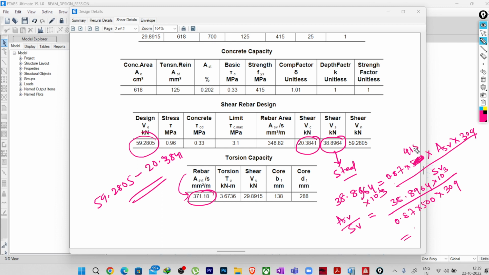It is 415 for stirrup, right? Yes, exactly, 415. Are we getting the answer now? 348.65, but still it is not matching with this value, 371.18.